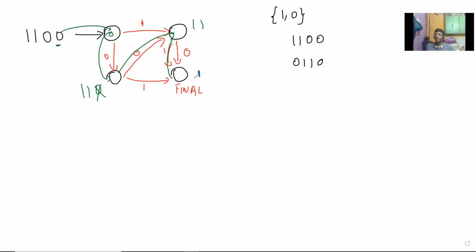So the entire word is not read while moving on the graph as the arrows tell you, and you are not accepting the entire word. So this word is not accepted.